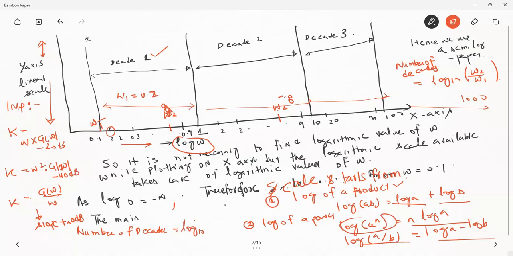This is the normal log function in the calculator. The ln function is basically log to the base e. So the number of decades would be equal to log of the final value by the initial value, that is omega 2 by omega 1. This is a very important concept. GATE utilizes this. I'll show you in the later functions.